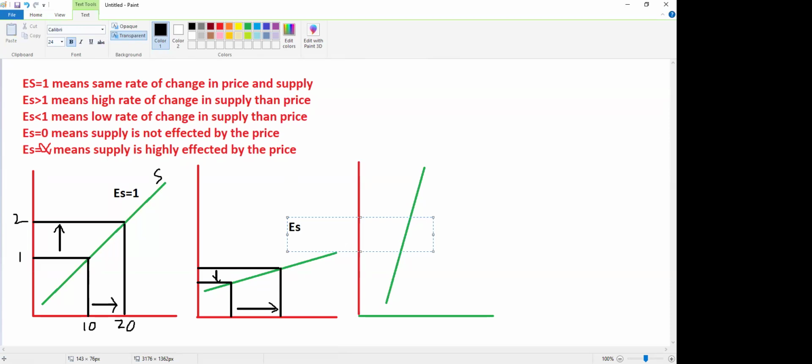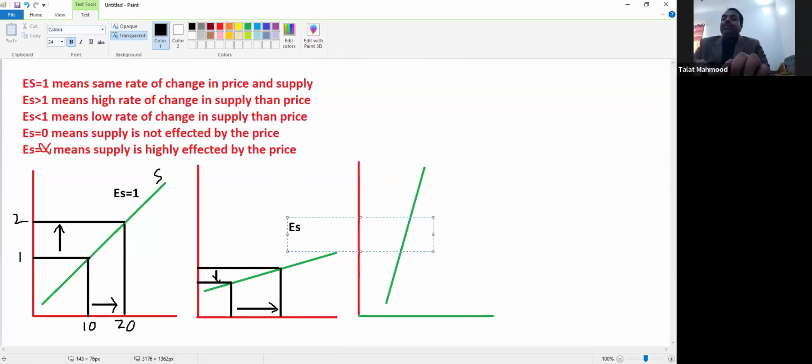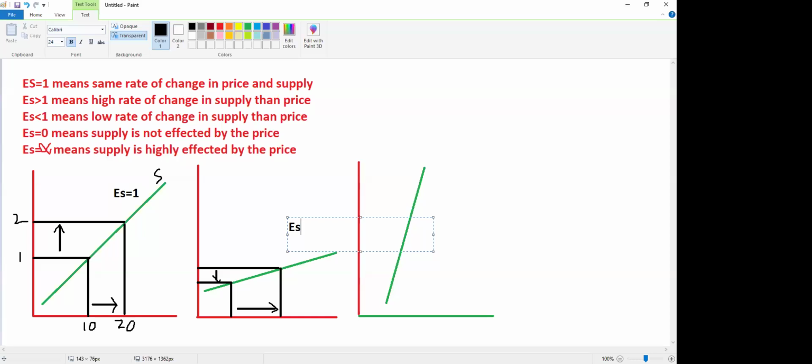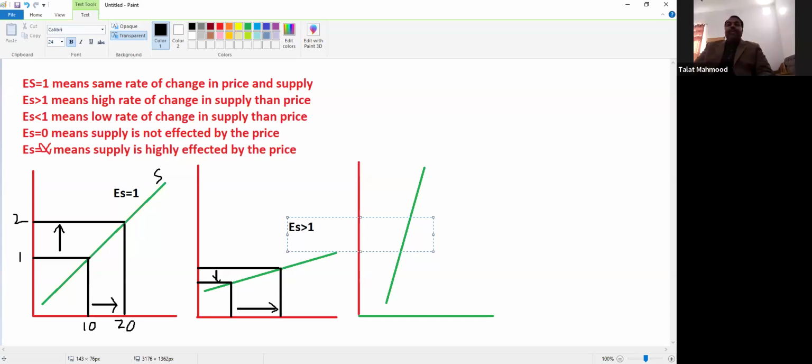Equal to 1, less than 1, greater than 1, 0, what will it be? We just have to see the change in supply. Supply change is higher, so it will be greater than 1. If it is lower, it will be less than 1.